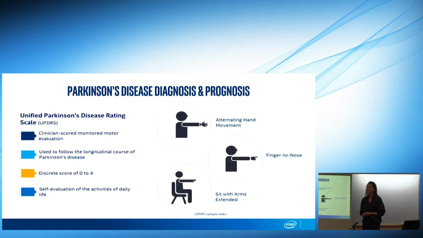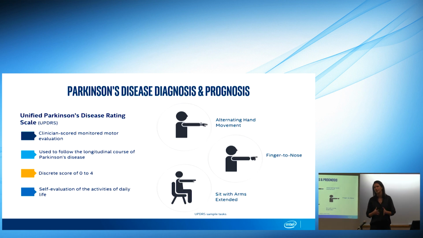So when there is a suspicion of Parkinson's disease, when he or she comes to the neurologist, either for diagnosis or for tracking the progression of the disease, today the gold standard in order to measure the progression of the disease is called UPDRS, the Unified Parkinson's Disease Rating Scale.